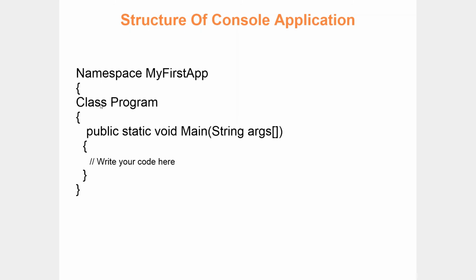By default, this class will be provided with one default method. Apart from this method, you can have a number of methods in the same class. But by default, it comes with one method that is the starting point of your application, which is called Main.